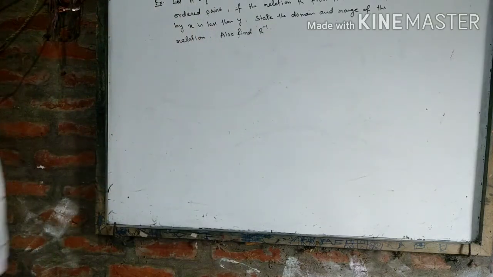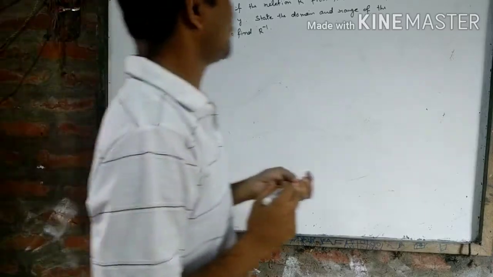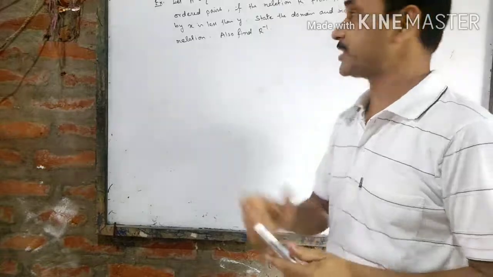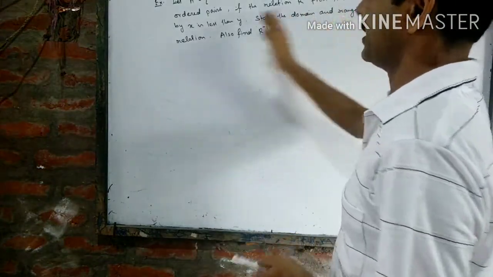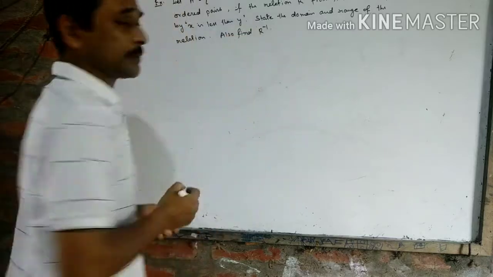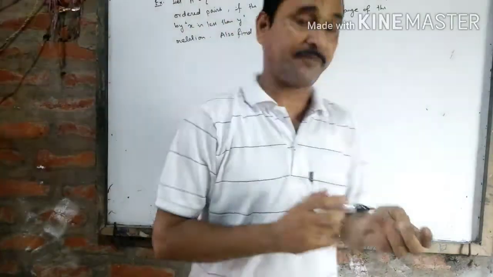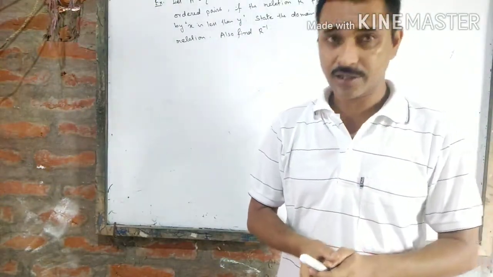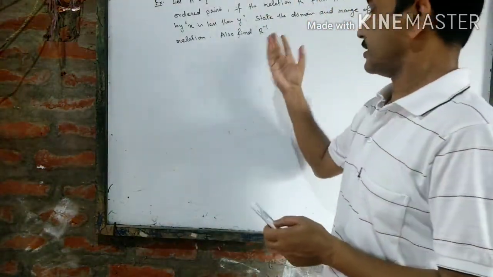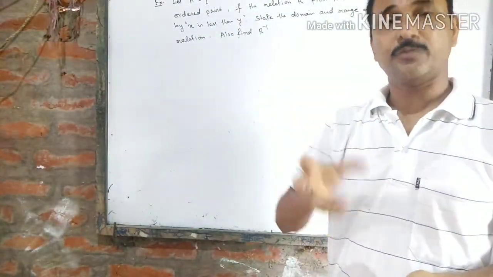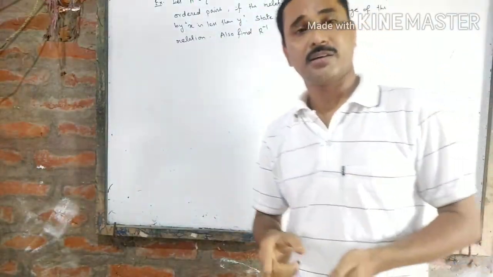So A is the set {1, 2, 3, 4, 5}, B is the set {1, 3, 5}, and the relation from A to B is defined by x is less than y. That is, if you form an ordered pair (x, y) in the relation, the first component should be less than the second component. This is the condition for the relation. Then you are to find the domain of the relation and the range of the relation. You are also to find the inverse of the relation.